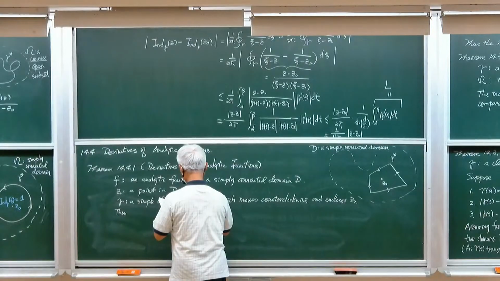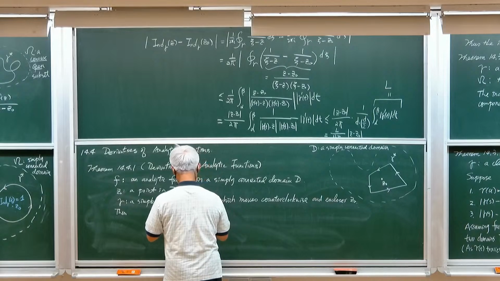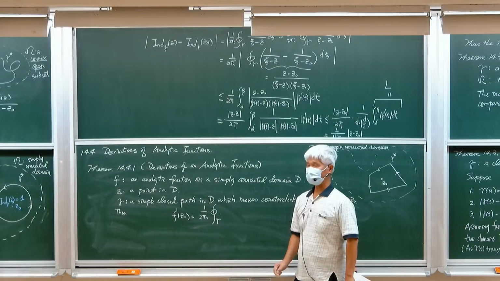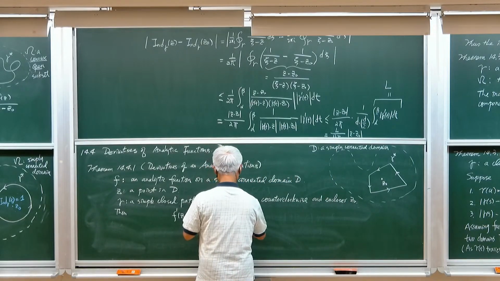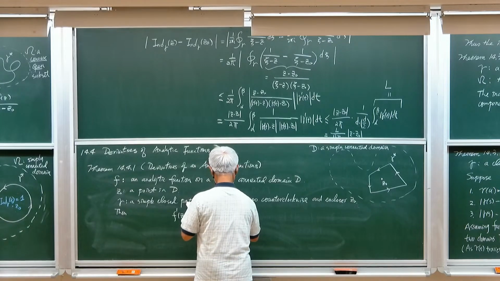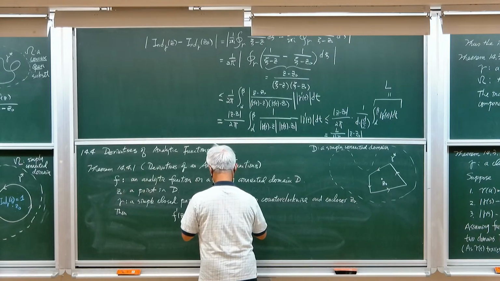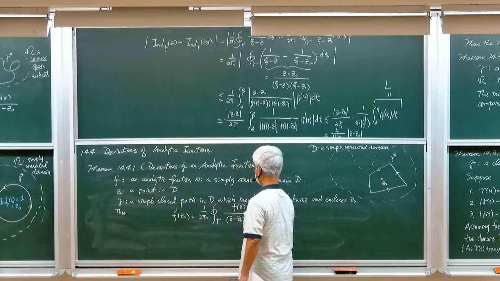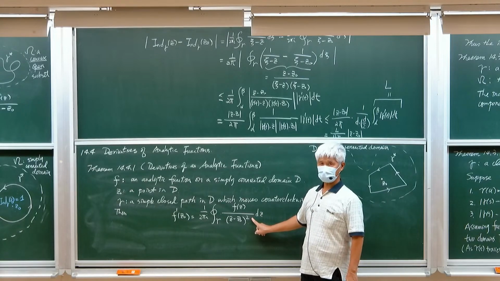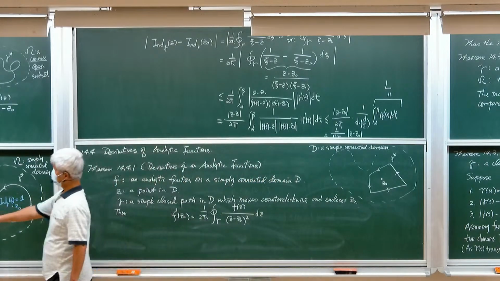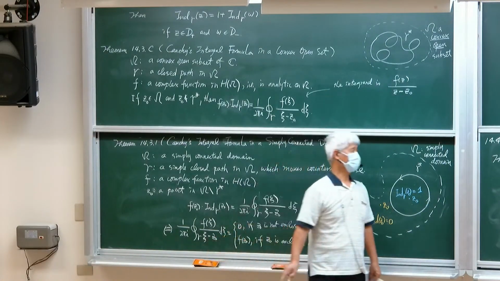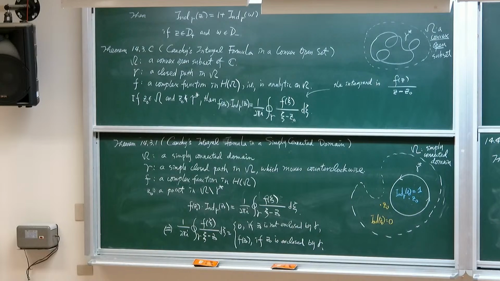And the first derivative is here. Very interesting. Again, the line integral over the simple closed path of f(z) over (z minus z0) squared dz. Now we have a square in the denominator. For f itself, just the first power of the difference, but for the derivative, we have the second power.